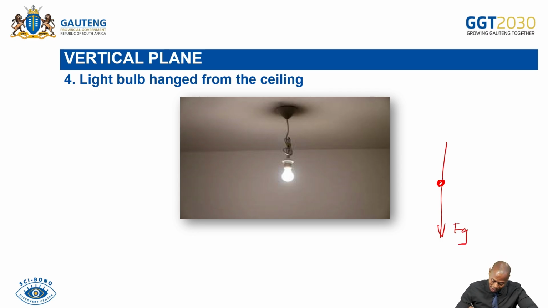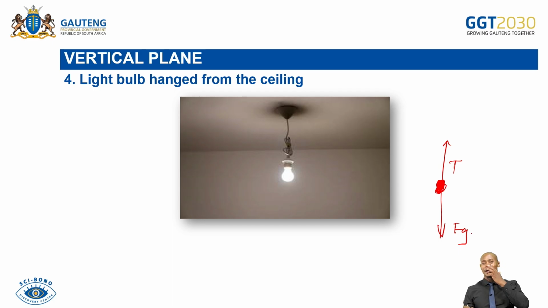Then you have tension because there's a rope there. So there's tension and there's what? There's Fg. Alright, so these are the two forces.